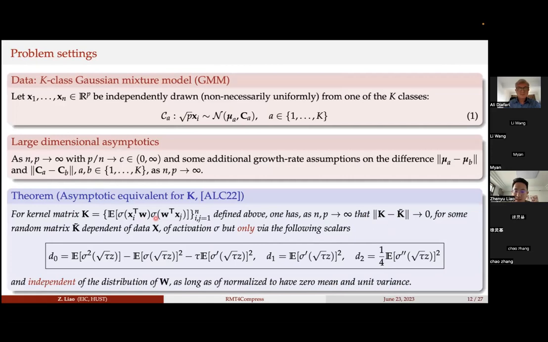I'm saying that it's independent of the distribution of big W. This can be misleading. It should be of the small w here, because I assume the whole W matrix has independent entries and rows that are distributed in a similar way. So we only care about the distribution of the rows. In fact, we only care about the entries. As long as the entries of this W vector have zero mean and unit variance, then this result holds.